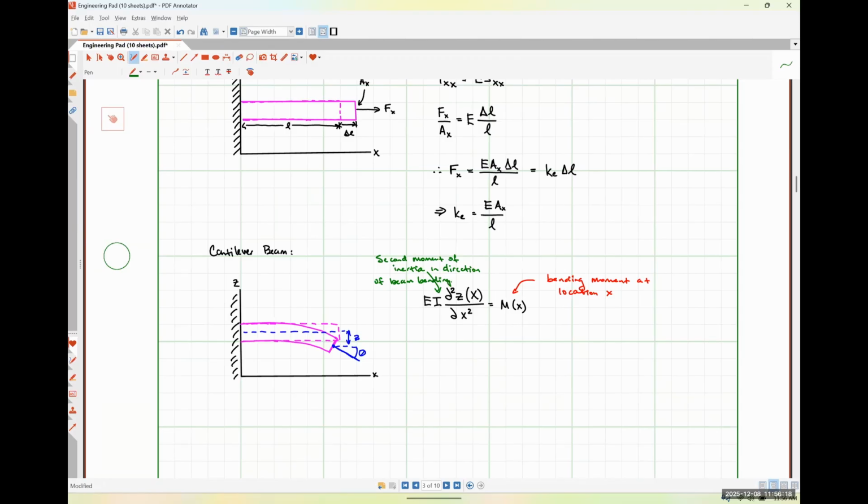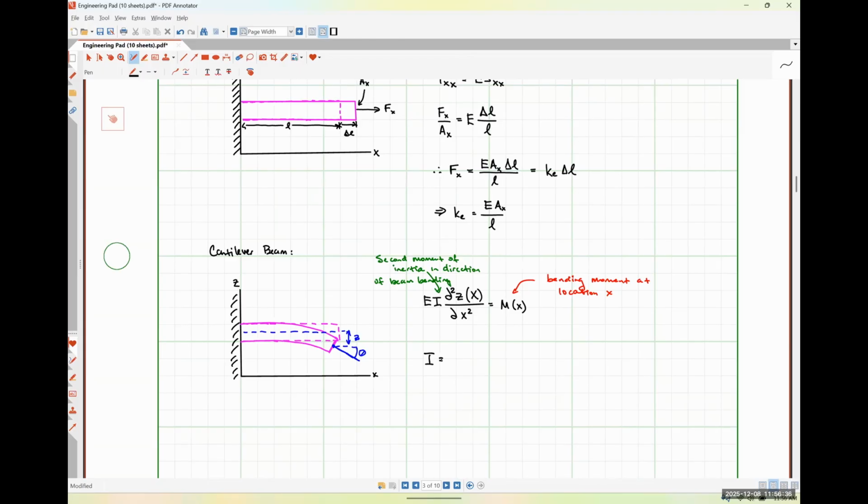So since we're dealing with a beam as a spring, and we're going to assume that all of our beams have rectangular cross sections because that's the easiest shape for us to make, they're all going to have the same second moment of inertia.